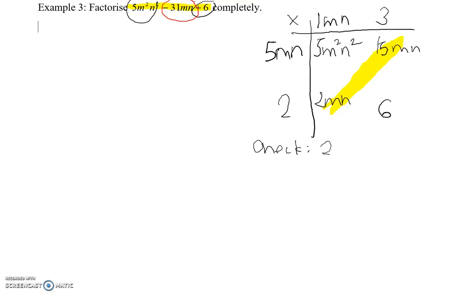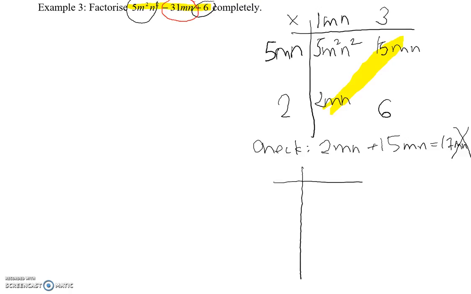Therefore, when we add 2mn and 15mn together, we realize that we will get 17mn, which is not equal to the middle term of the original expression. Therefore, we need to try to factorize it again by using other factors.